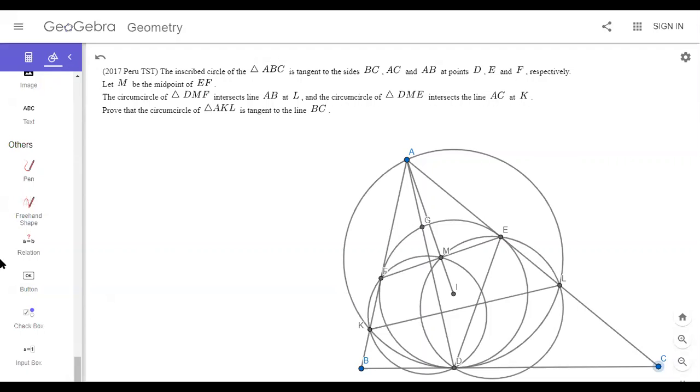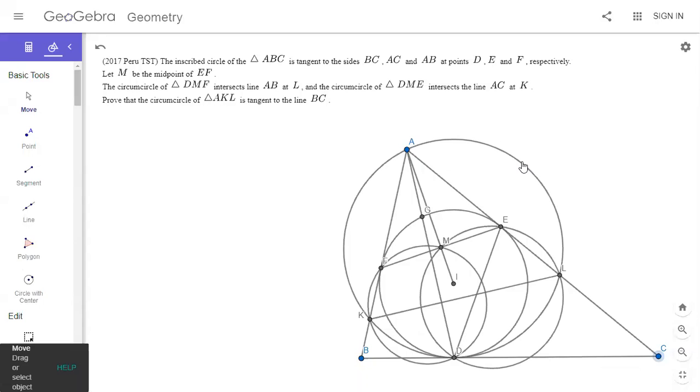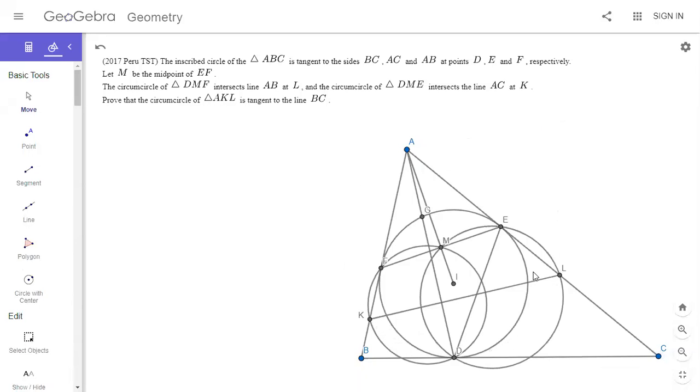So let me erase the stuff that I sort of discovered throughout the problem and start from scratch. Now I will write it from the beginning for the viewers on YouTube. Okay, so M is the midpoint of EF. The circumcircles intersect at L and K. Prove that the circumcircle.